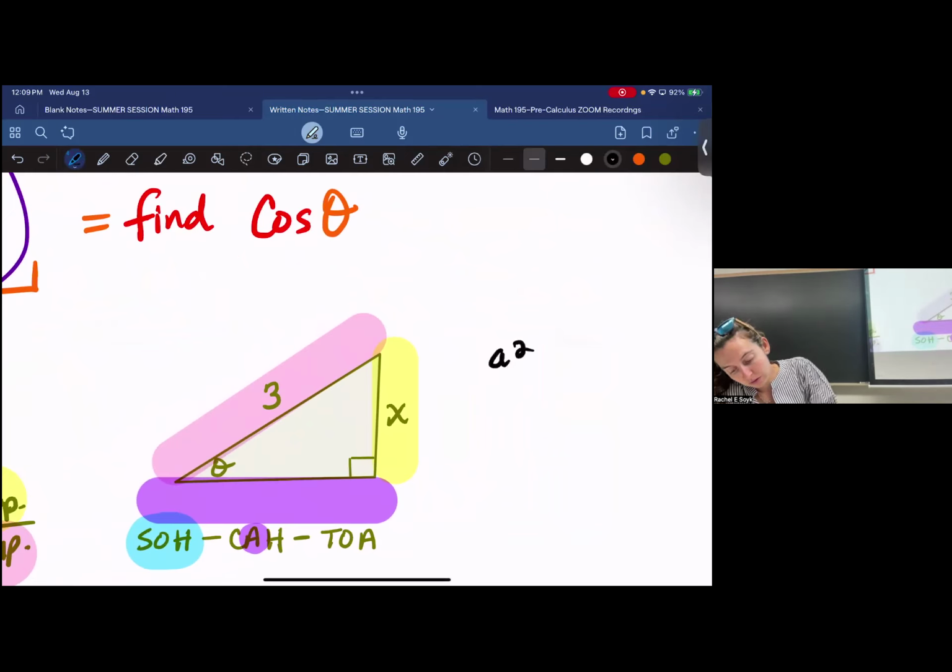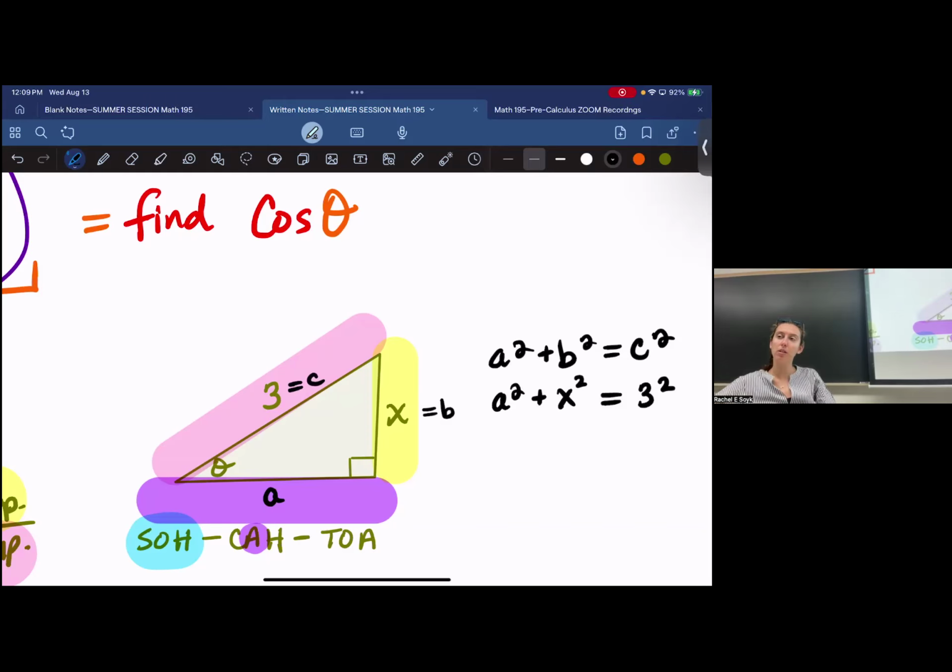So we know Pythagorean theorem, a squared plus b squared equals c squared. Our c is always our hypotenuse, so we're going to replace that with our 3 squared. And then why don't we let this purple side be our a? And then the yellow side can be our b. So we end up with a squared plus x squared equals our 3 squared.